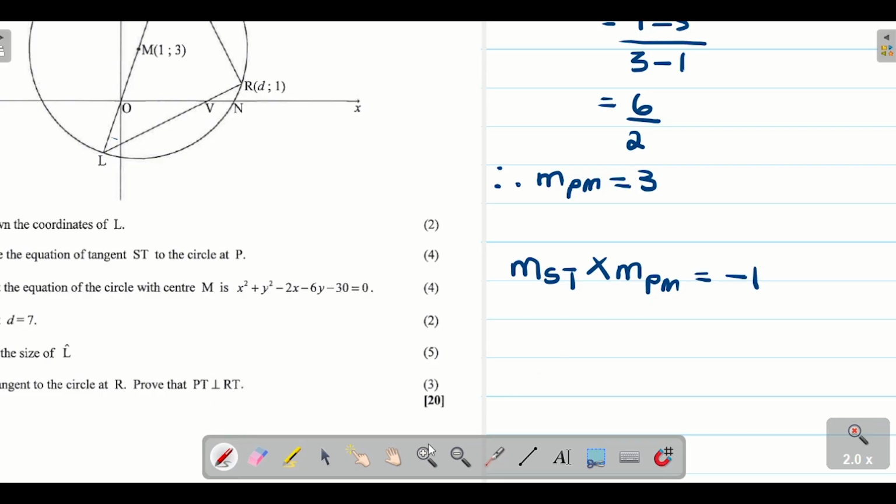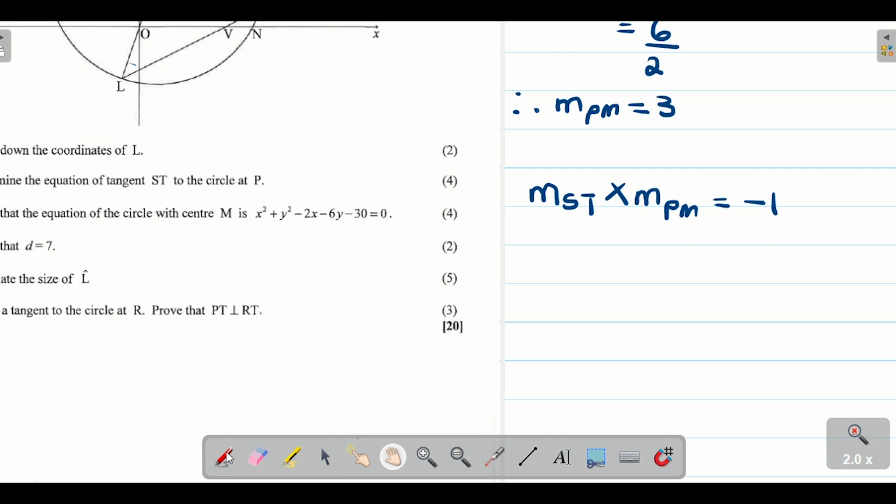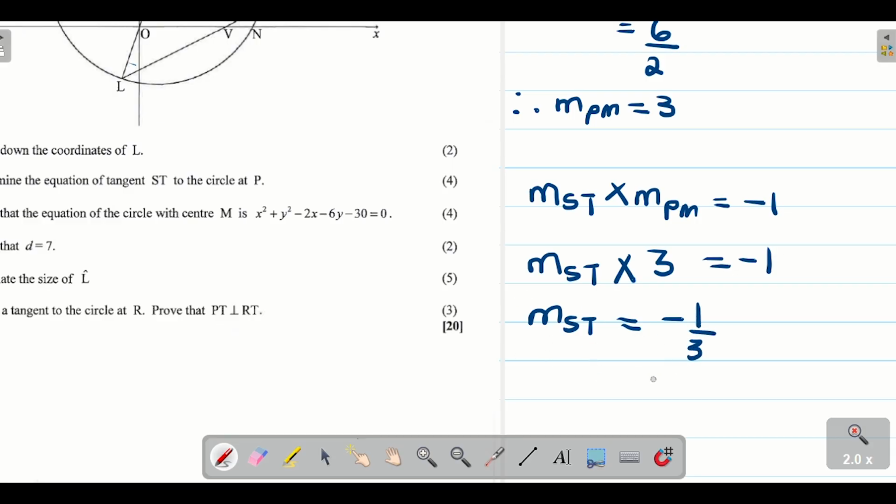You remember, it's what I was talking about when I said the two lines are perpendicular to each other. So now from here, we can work out the gradient of ST. The gradient of PM is 3, so the product equals -1. So we're just going to divide by 3. Then the gradient of line ST is going to be equal to -1 divided by 3. So we have the gradient of line ST.